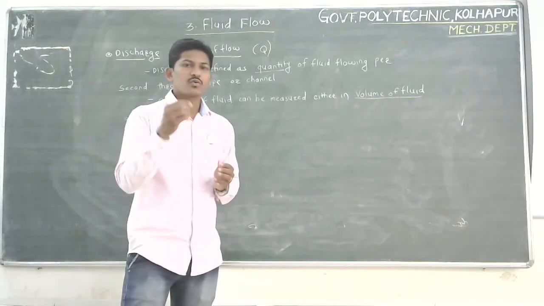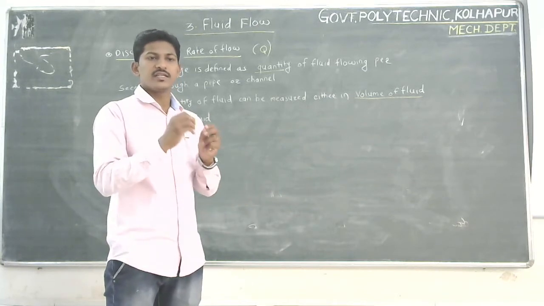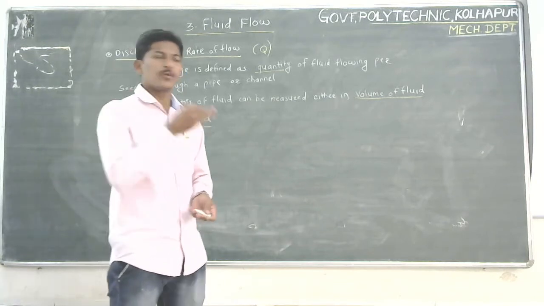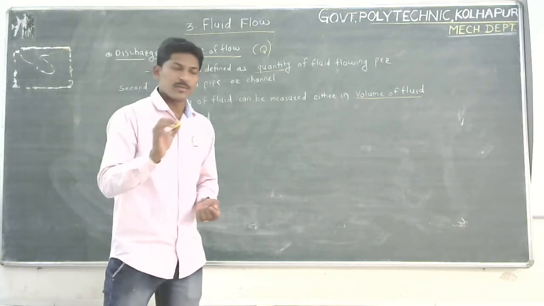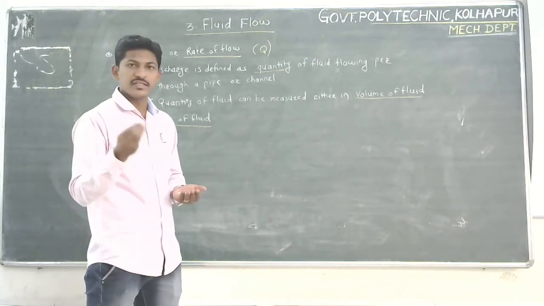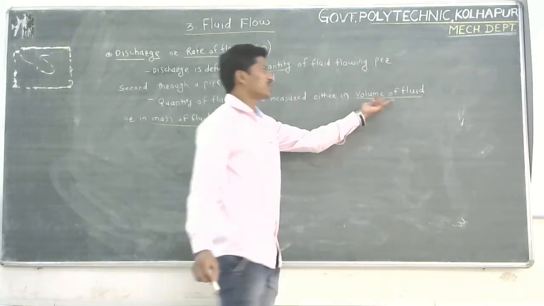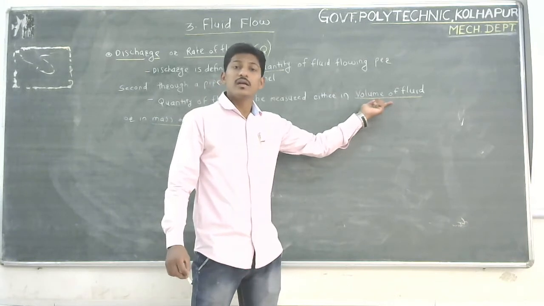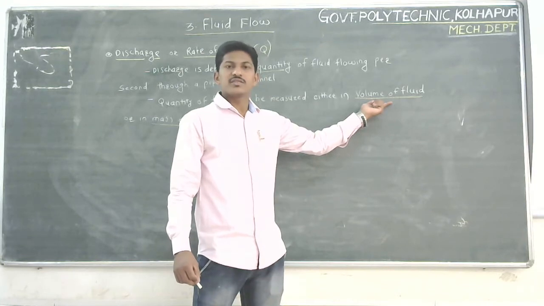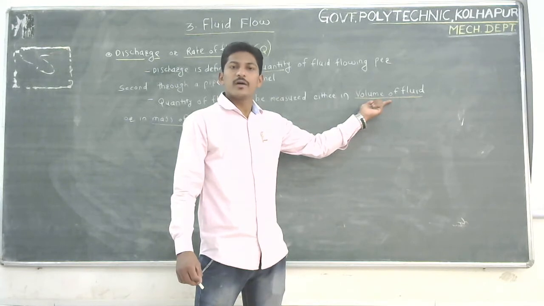If the density is constant from point to point in the flow field, then it is called incompressible. As density remains constant in incompressible fluid, we measure discharge as volume of fluid per second.